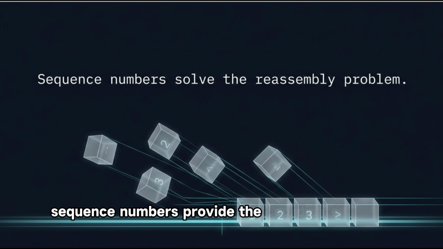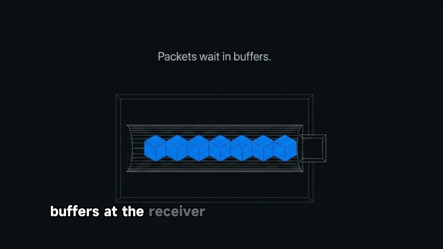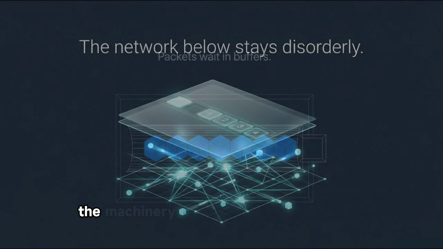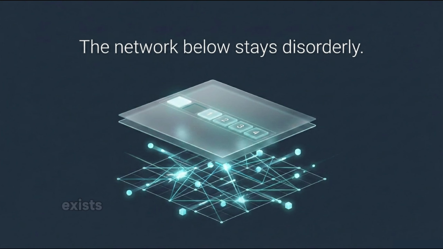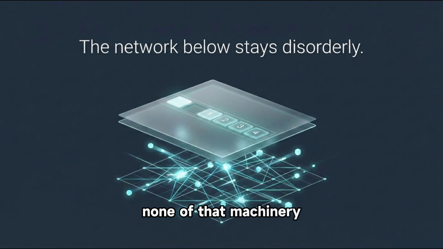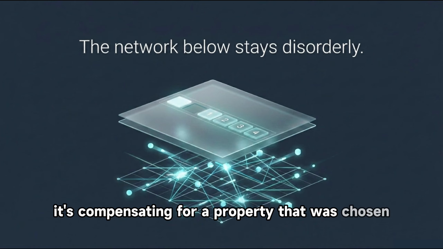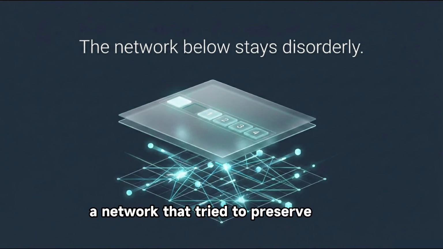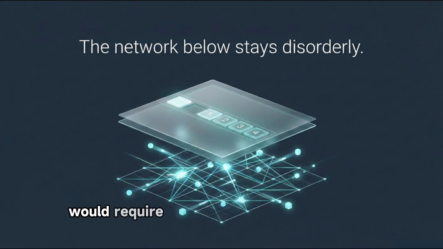Sequence numbers provide the coordinate system. Buffers at the receiver hold early arriving packets, while gaps are filled. The machinery that sorts and reassembles exists precisely because the network below it doesn't. None of that machinery is fighting a defect in the internet. It's compensating for a property that was chosen deliberately, because the alternative, a network that tried to preserve order at the routing level, would require every router to maintain state about every connection, which would make the internet as it exists today impossible to build.